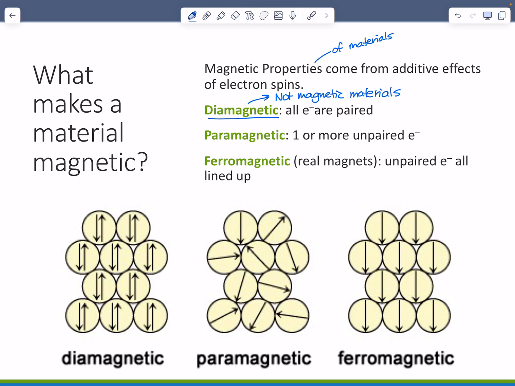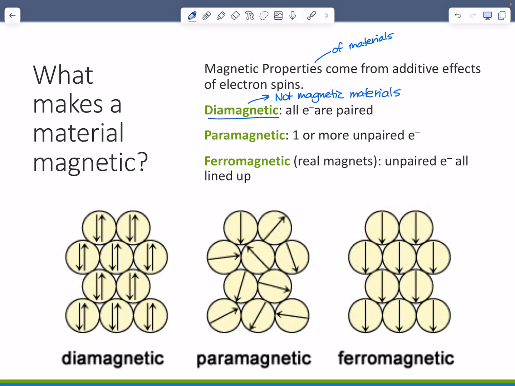It won't stick to it because the atoms in this wood are diamagnetic. Electrons are paired and they're not magnetically attracted to anything. So the other two types of materials are what we would consider permanent magnets and materials where you can induce a magnetic field in them.